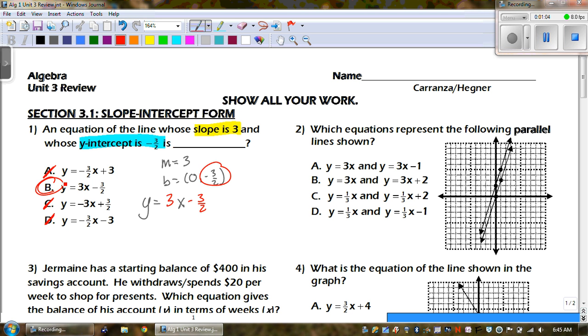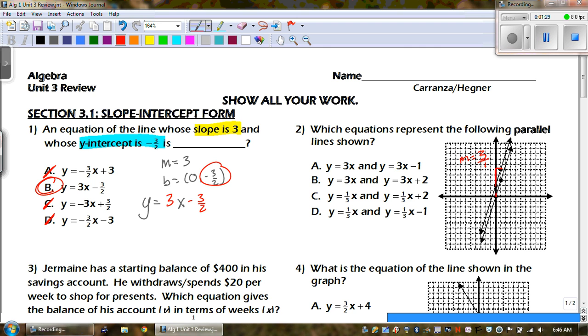Number 2, it says which equation represents the following parallel lines? If they're parallel, the first thing I notice is I need to know what my slope is. When I'm figuring out the slope, it's the rise over the run, and the slope is 3 over 1, which is the same thing as 3.